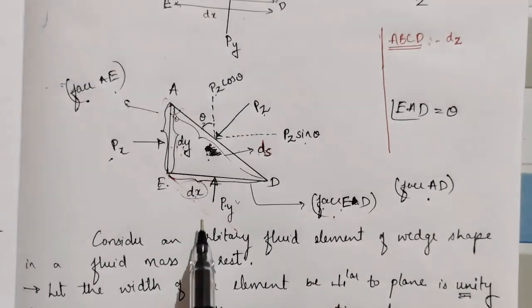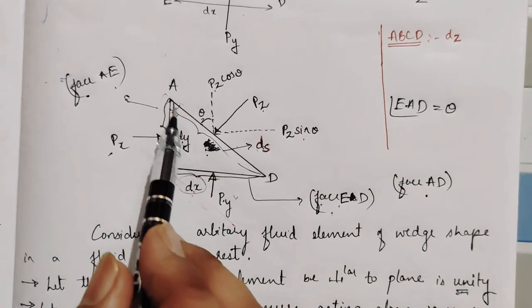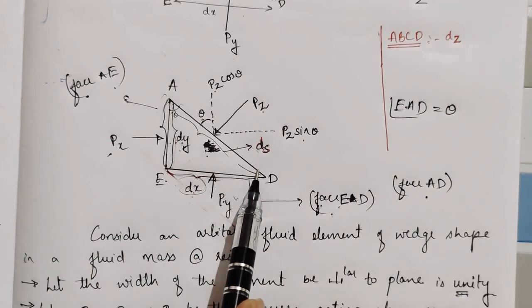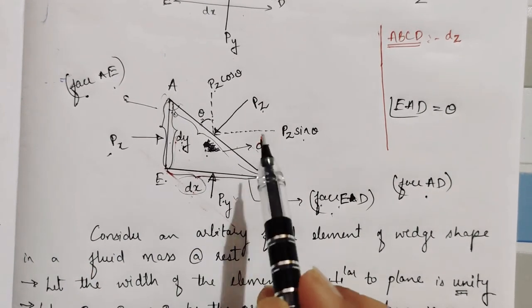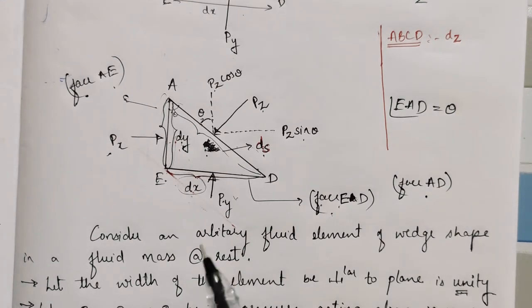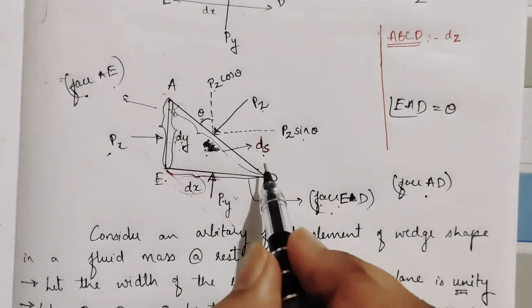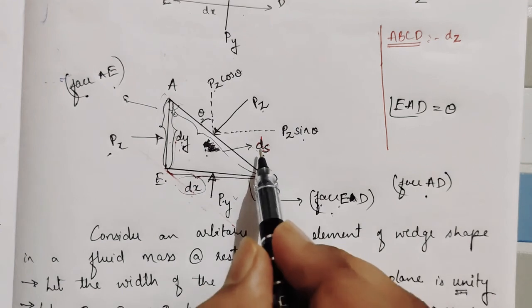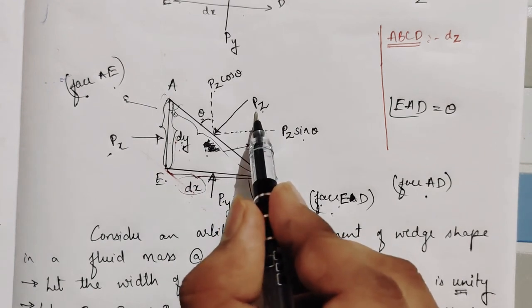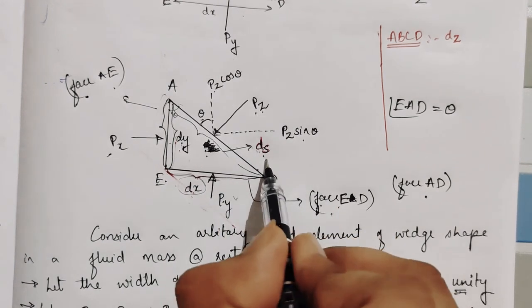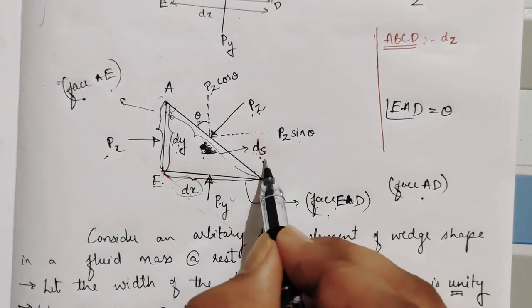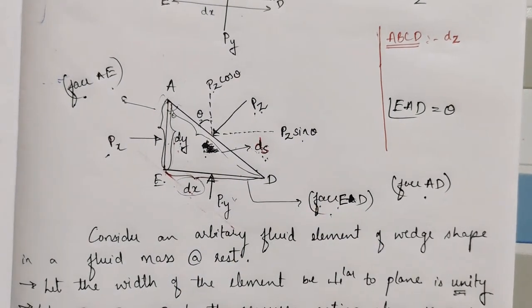But when we come to the inclined face AD, here we require a term ds. Here dz will not come into picture. It is not unity. So here it will be Pz into ds.